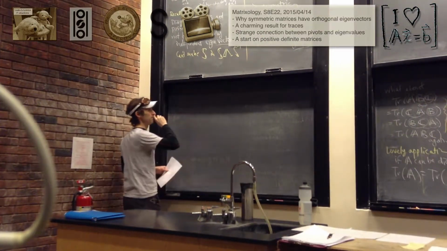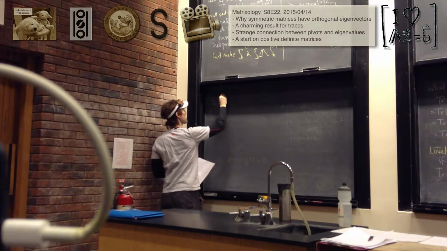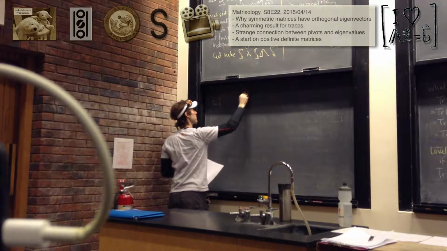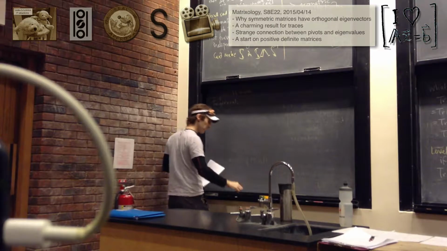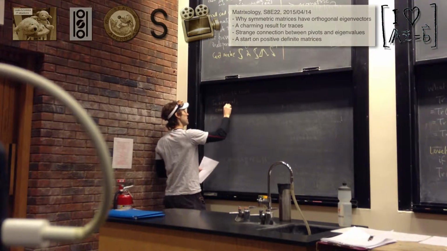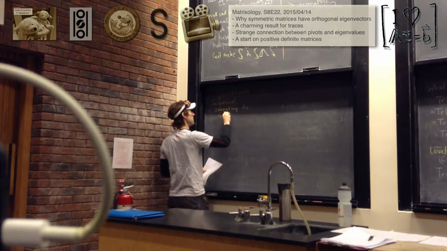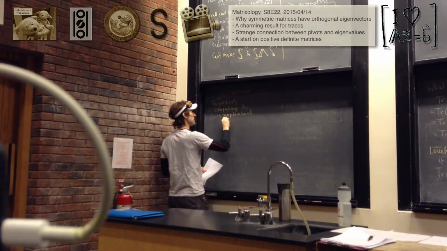So, in general, this is a horrible truth that I've been protecting you from. In general, this is where the bugs with computers come in. In general, computing lambdas is unpleasant and messy, right?